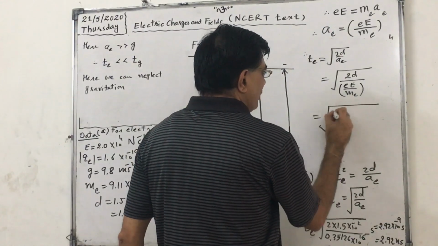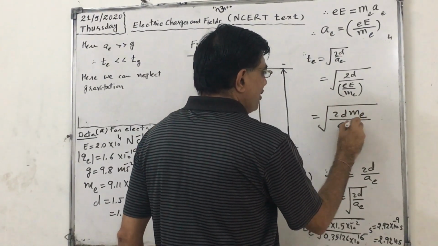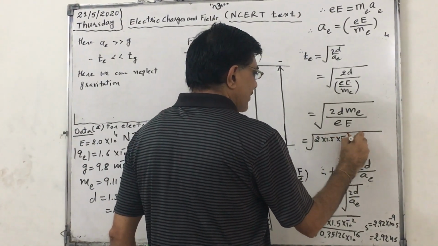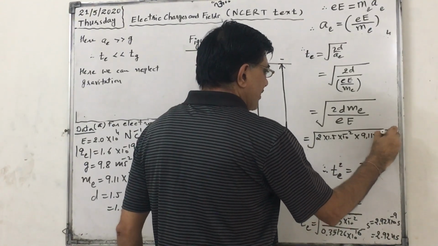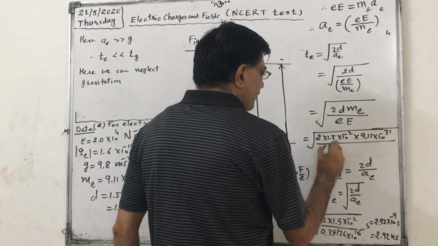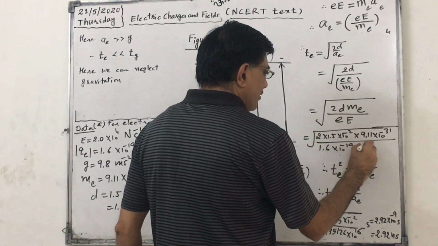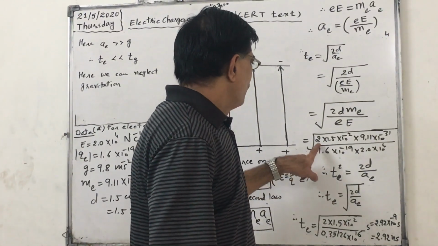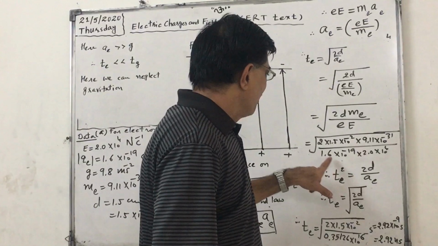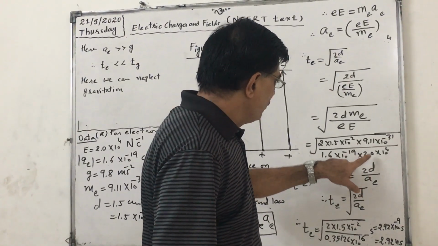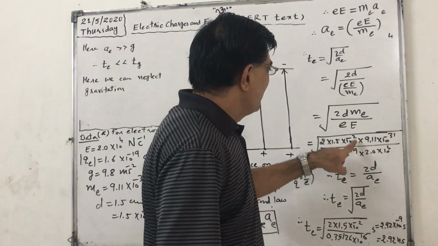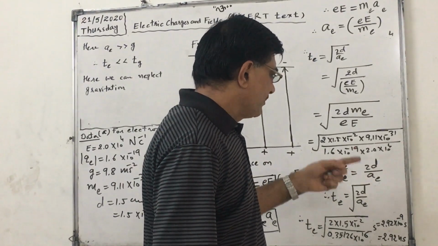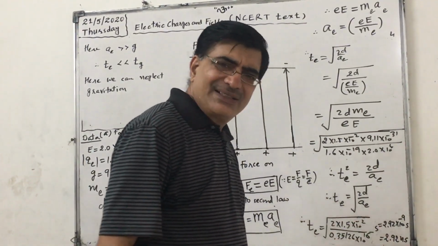So it will be equal to square root of 2d m_e upon eE, and putting the values, square root of 2 into 1.5 into 10 raised to minus 2 into 9.11 into 10 raised to minus 31 divided by 1.6 into 10 raised to minus 19 into 2.0 into 10 raised to 4. You will get the same answer, because 2 multiplied by 1.5 multiplied by 9.11 divided by 1.6 and divided by 2, square root of it, and then minus 2 minus 31 is minus 33, plus 19 minus 4, and finally you will get the same answer. Okay, bye.